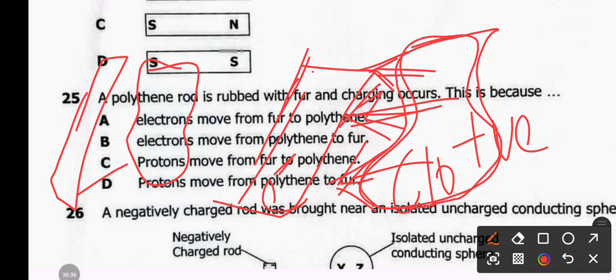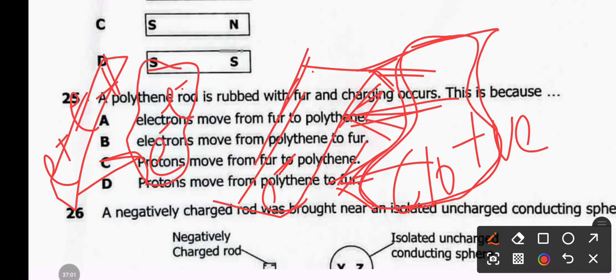The perspex rod loses electrons to the cloth, thereby becoming positively charged, whilst the cloth becomes negatively charged. So these are the two common examples of charging by friction.